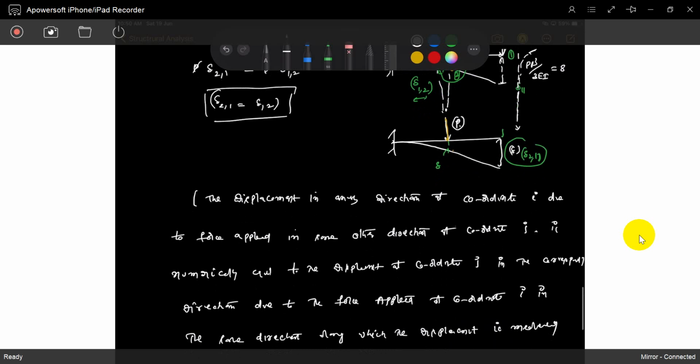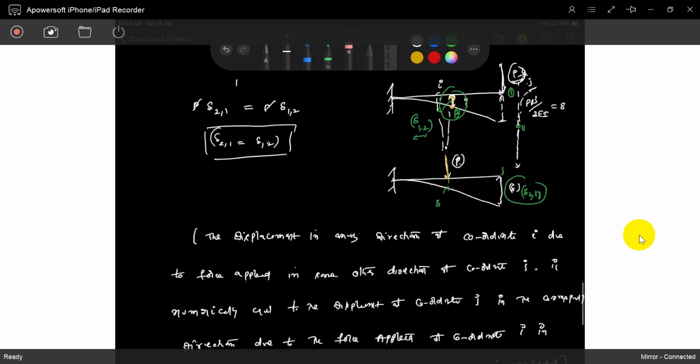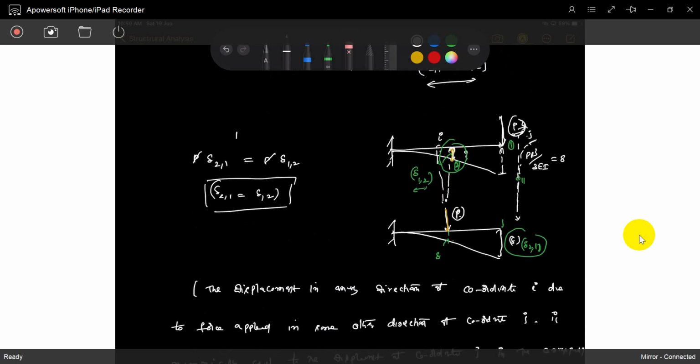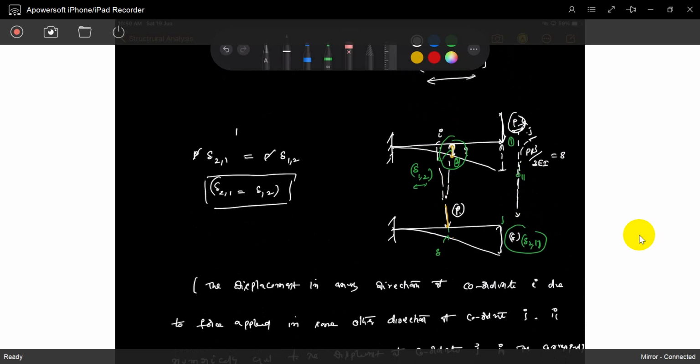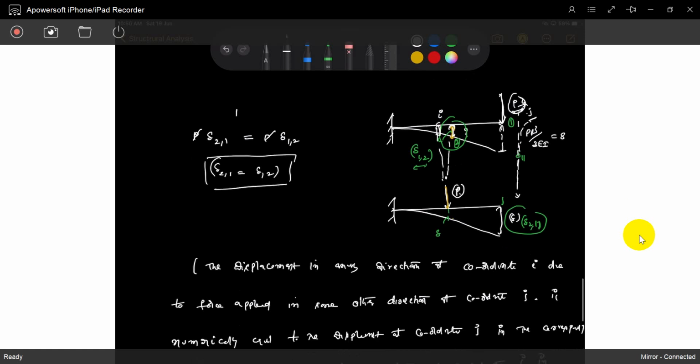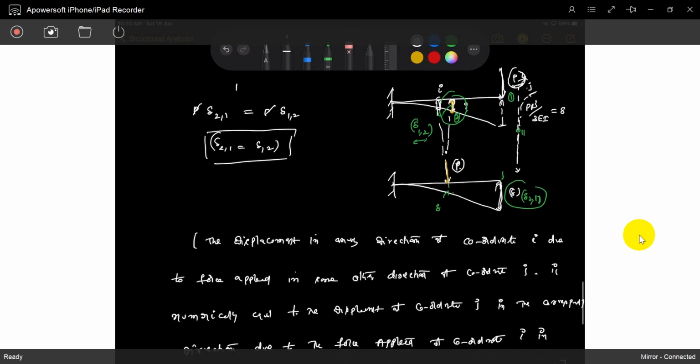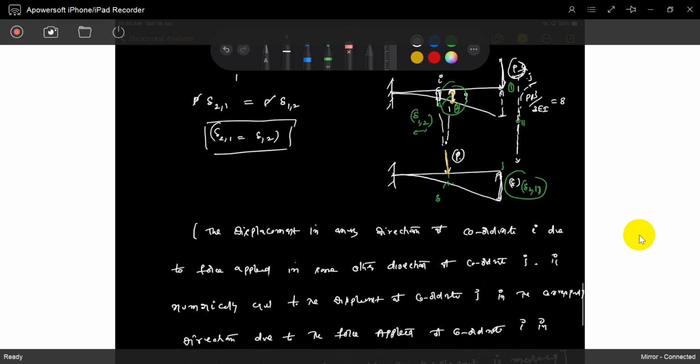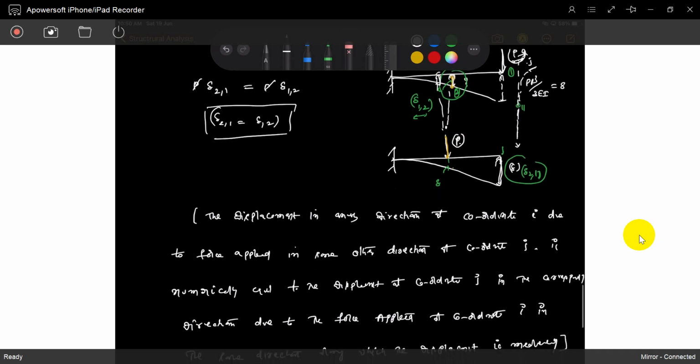So you can call this: the displacement in any direction at coordinate I by the force applied in some other direction at coordinate J is numerically equal to the displacement at coordinate J in the corresponding direction due to the force applied at corresponding I in the same direction.